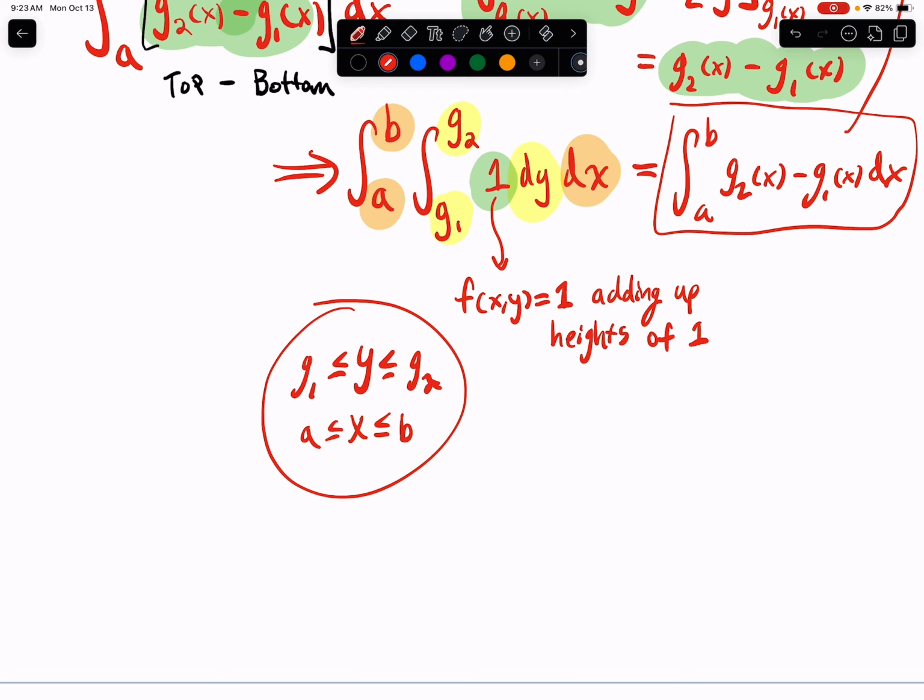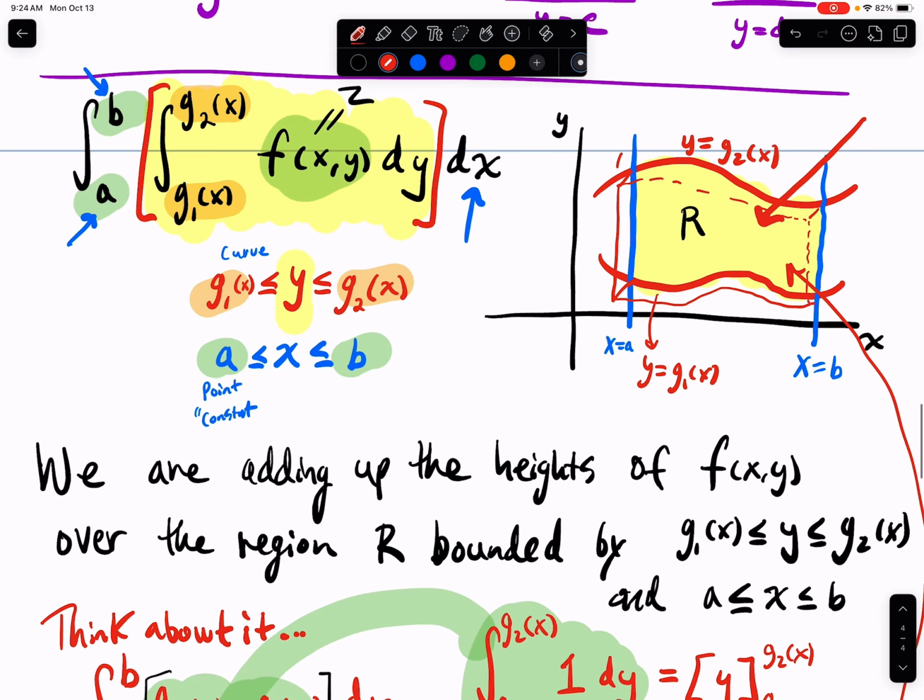Here's an idea: 1 is a constant that we are adding up. So we give all the area in this yellow region a weight of 1, and everything not in that region a weight of 0.